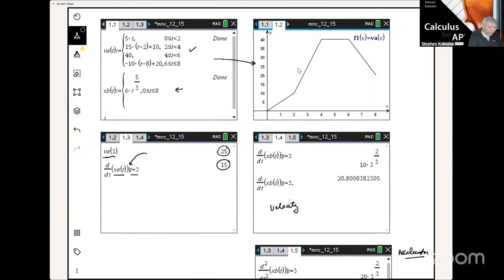Now, remember, I've got an expression for the position of particle B. So let's see, here's the derivative of that position function at 3. So that's the velocity of car B. There's the exact symbolic answer that we got on the previous page.